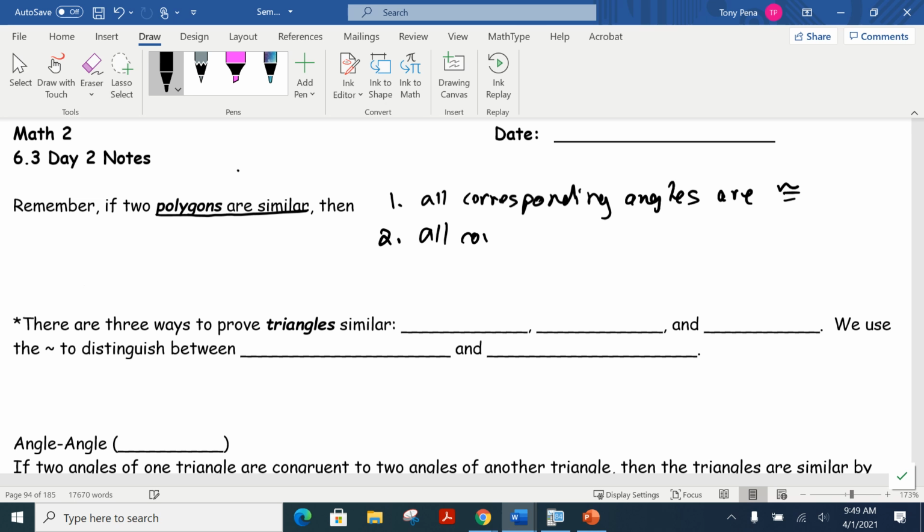And then all corresponding sides have the same ratio. So if one side is twice the other side, then that would be the ratio for every single side in two similar polygons. So all corresponding angles are congruent. All corresponding sides have the same ratio to each other.